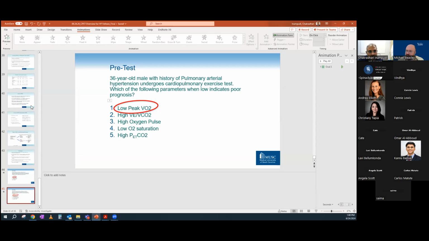Yes, one question I had for you is, in our practice here, we don't tend to see or use CPAT as commonly as you probably do at MUSC.